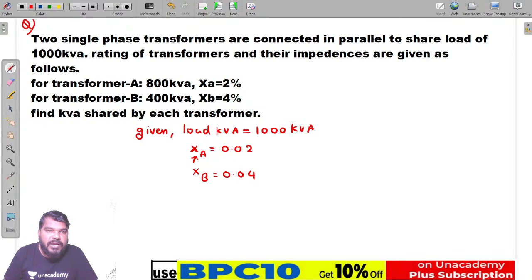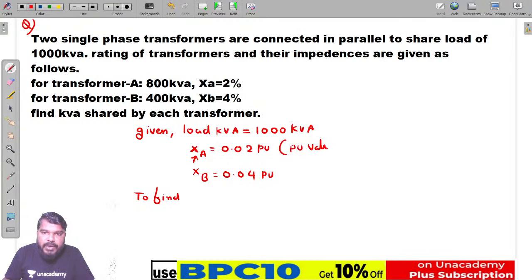But if per unit values are given, what we have to do here? We have to find out the new per unit value. So let us find the new per unit value corresponding to the base kVA of transformer A only.